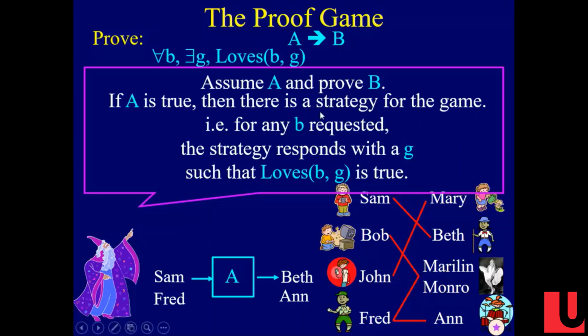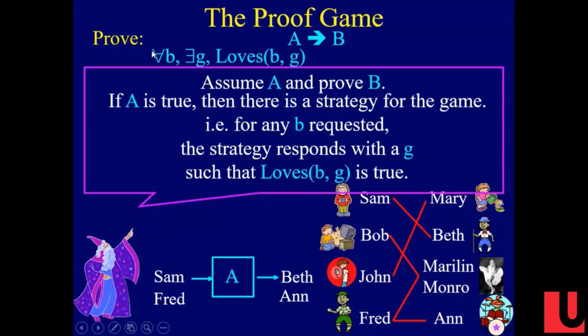I didn't say anything about B. B is blank here. I'm just saying, how do I use this? Well, that's all within here. This isn't anything about B. What is it saying? It's saying, if I know that this is true, then I know I have a strategy to win this game. And what is the strategy going to do for me? It's going to be an oracle in which, if the adversary gives me a boy, then I'm going to have a girl.